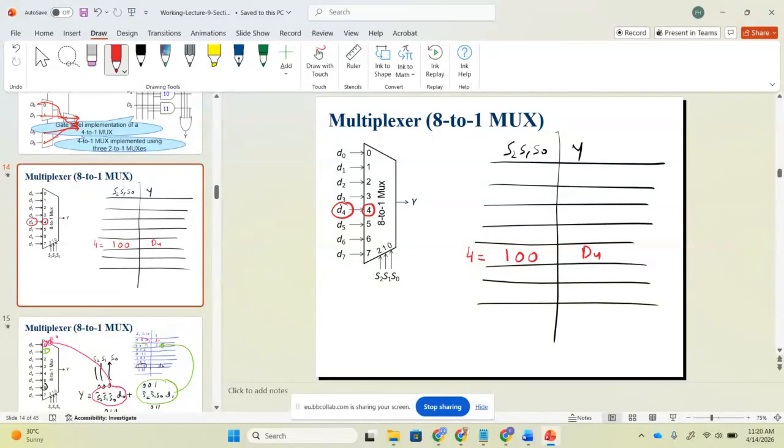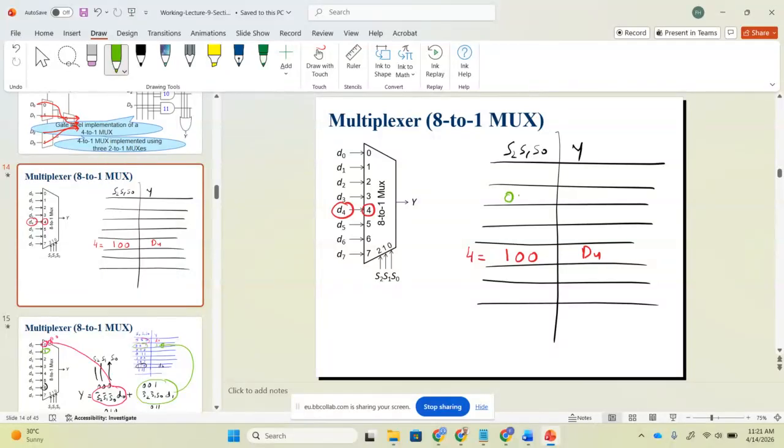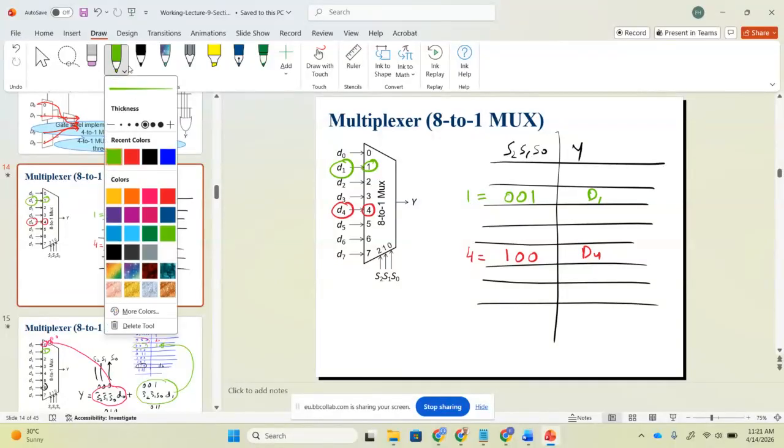Now I'm using the green color. Let's assume it is 001. What will be the value of Y? D1. Very good. Now let's assume another color, so you can fill that whole table, like the reduced table.